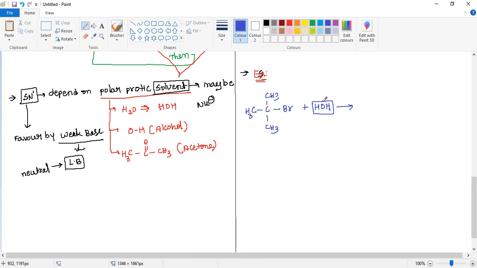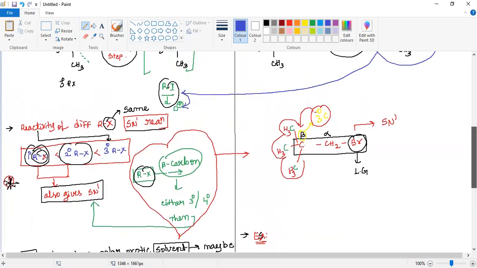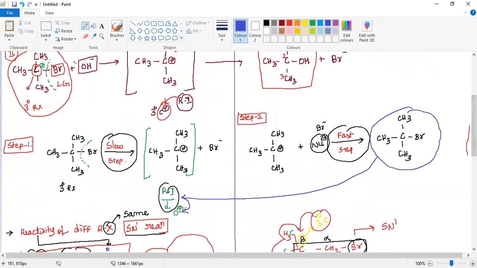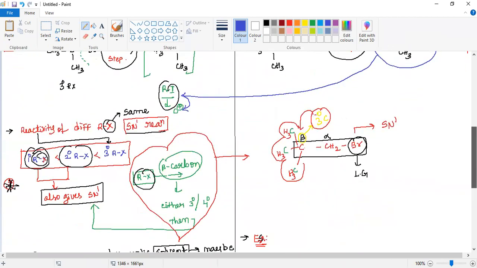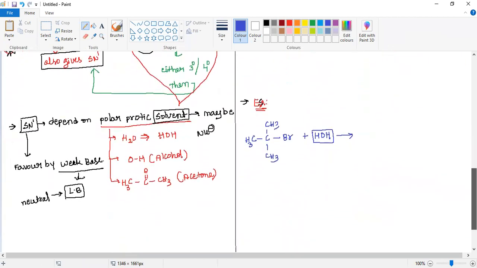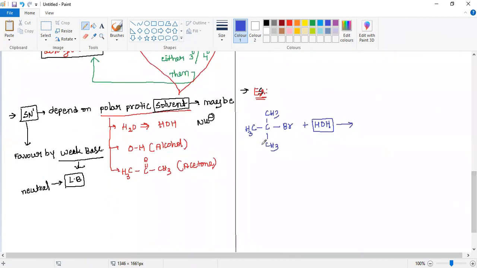So here the nucleophile is OH minus. So let's start the process. How do you write it? Previously, go for this method. Just follow step 1 as well as step 2, beta. Chalo, and just pause the video and try to practice once, then it would be better for you.